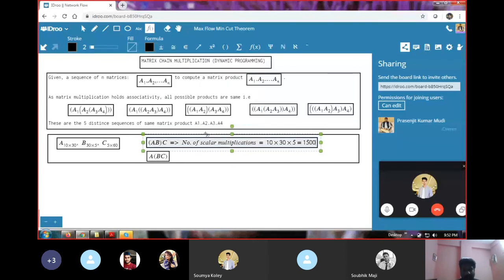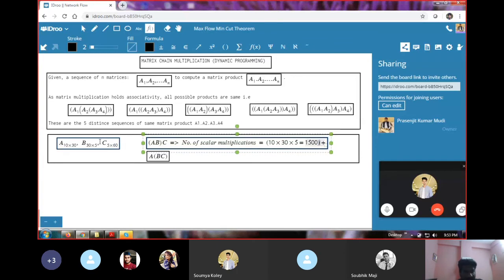Okay, so this is for AB. Then plus, the resultant matrix AB has dimension 10 cross 5.